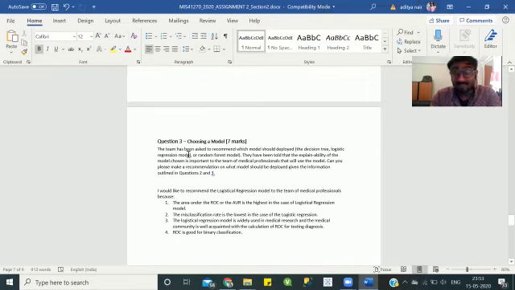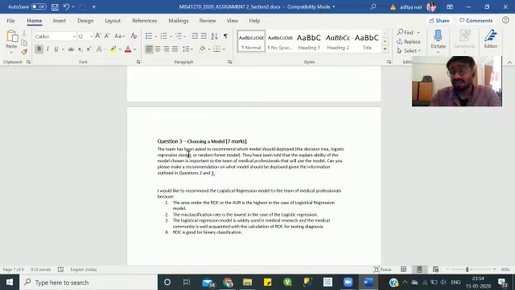Secondly, the misclassification rate as well, as in the first question, was the lowest in the case of logistic regression, which is a very crucial parameter in medical research because they need the misclassification rate to be as low as possible in cases of cancer research or any other disease.